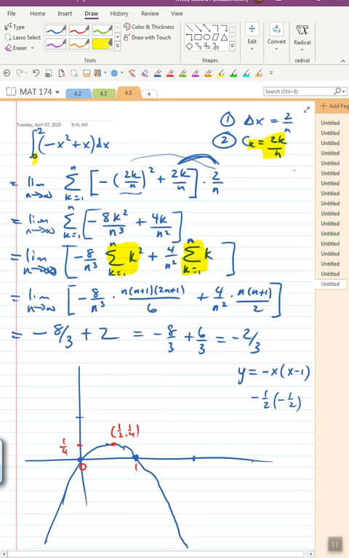Don't really need to know any of that to do this, but the one thing I do see is that if I integrate from 0 to 2, which is what we were doing here, then I'm integrating from here to here. And the whole point is what? When I integrate from 0 to 1, that part of the integral is going to be positive.